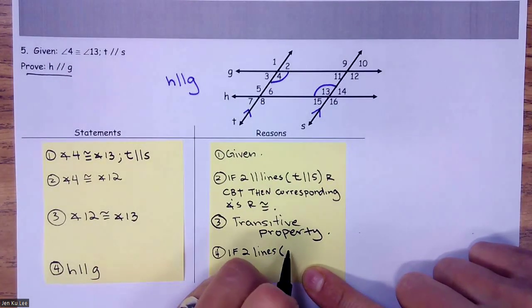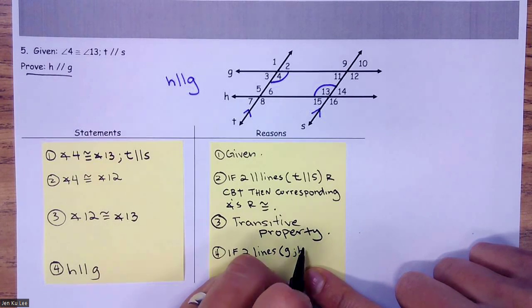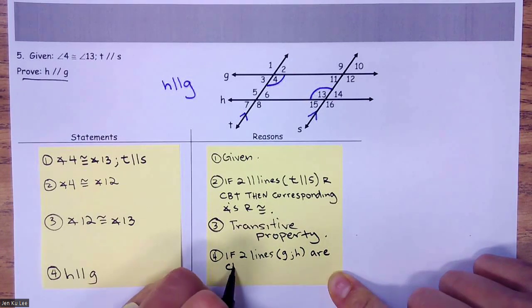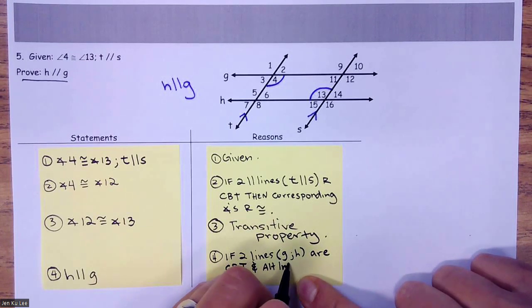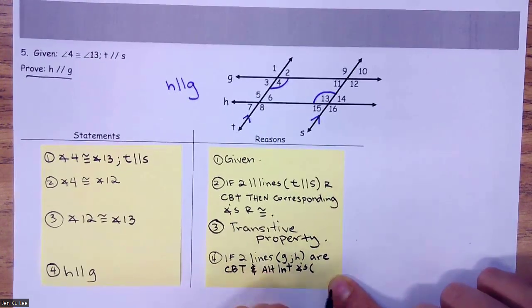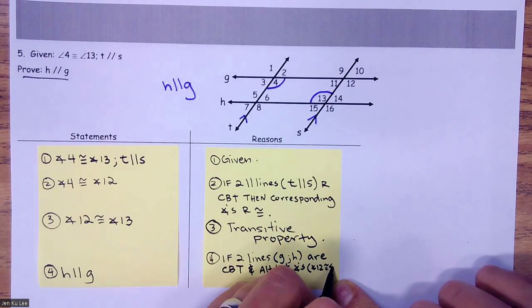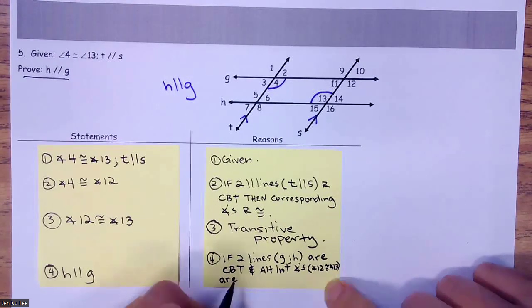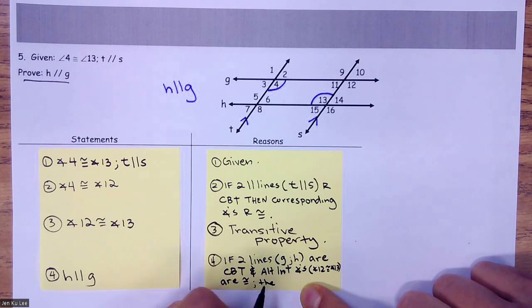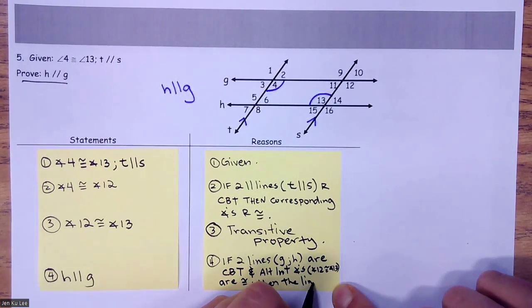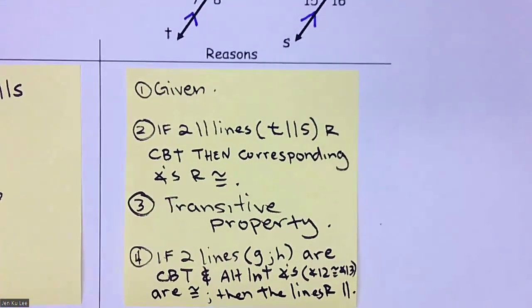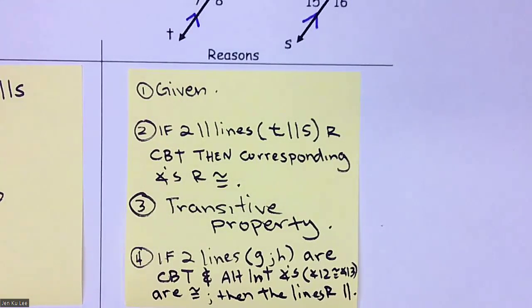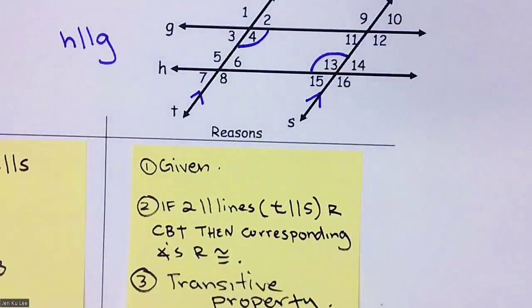If two lines, I'm talking about line G and line H, are cut by a transversal and alternate interior angles, angle 12 and angle 13, are congruent, then the lines are parallel. Okay?